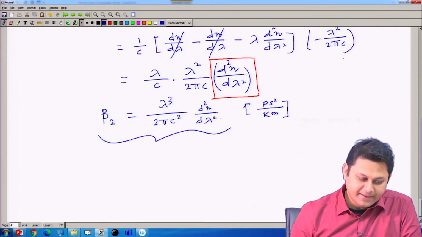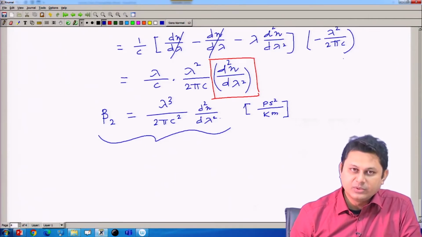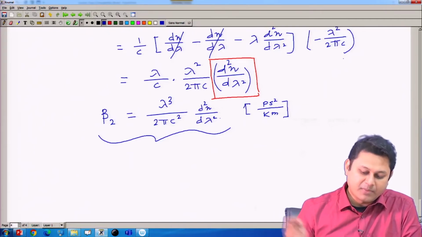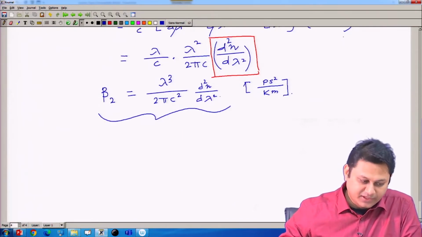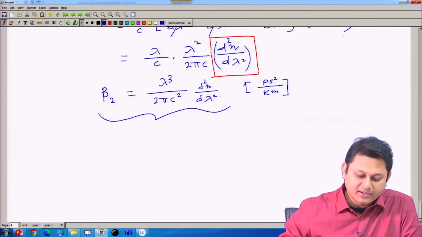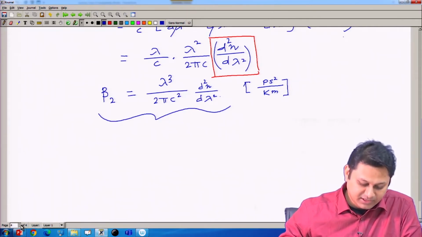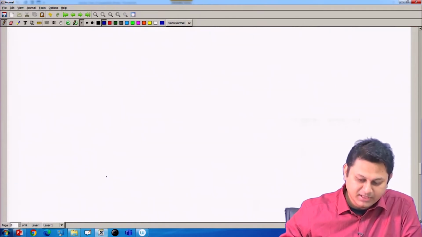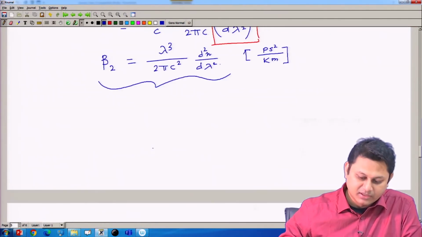So, for Dm and beta 2, in both cases the units are different, but both measure the same property, which is dispersion, a very important property. Once we know the derivative dn d lambda, one can find the value of beta 2, and also the value of Dm. There should be some kind of relationship, and very easily one can find the relationship between these two parameters, because in many cases it is required.